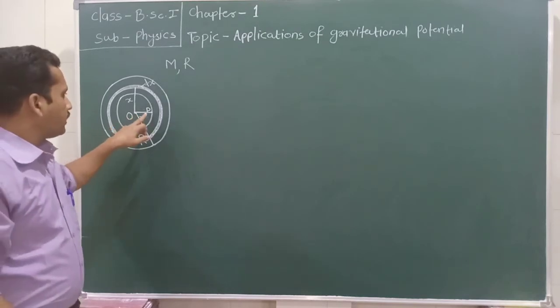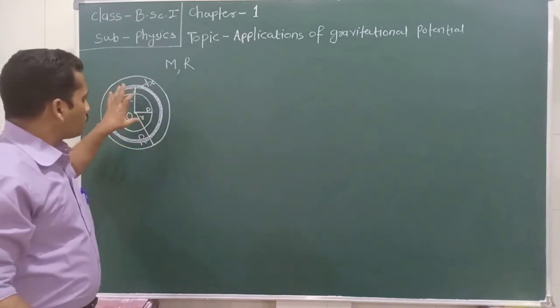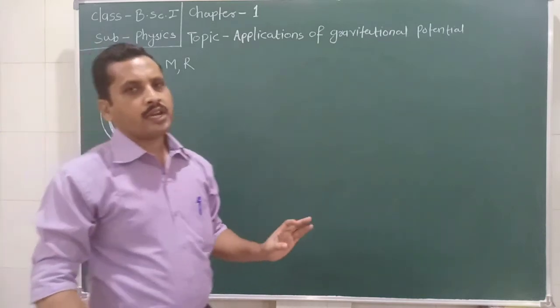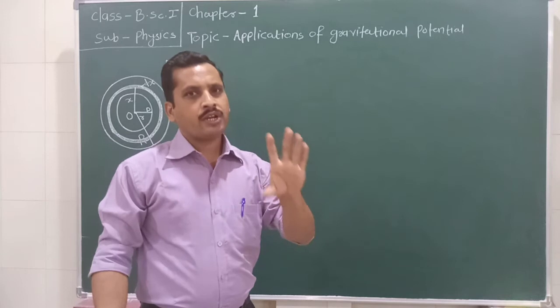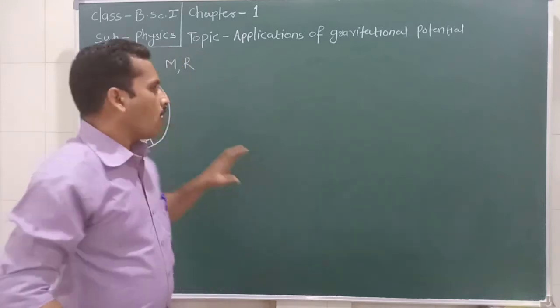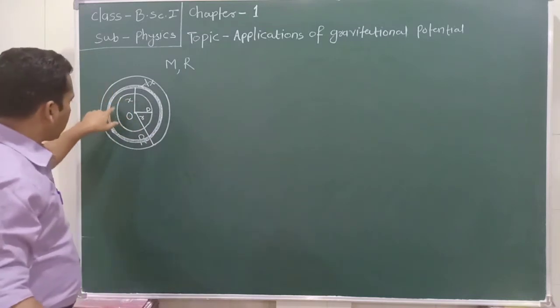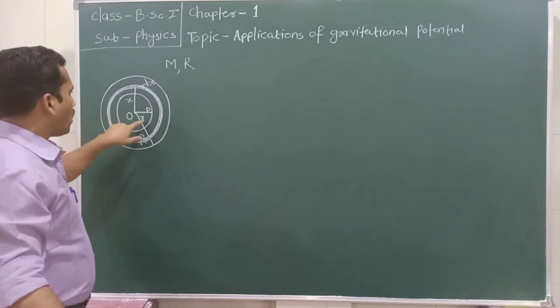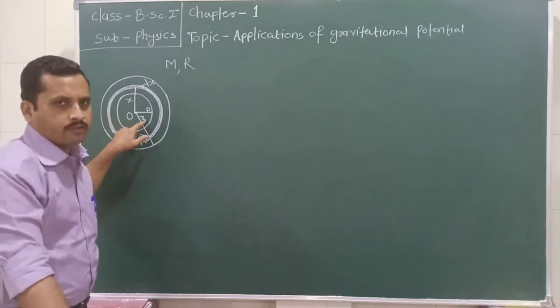Then it is also considered that this solid sphere is divided into a central solid sphere of radius r. Consider that this inner part is a solid sphere of radius r.